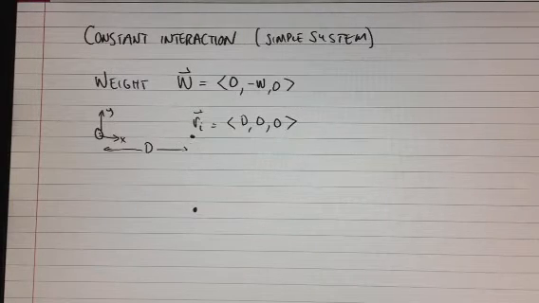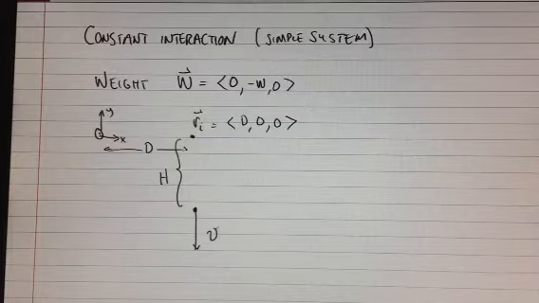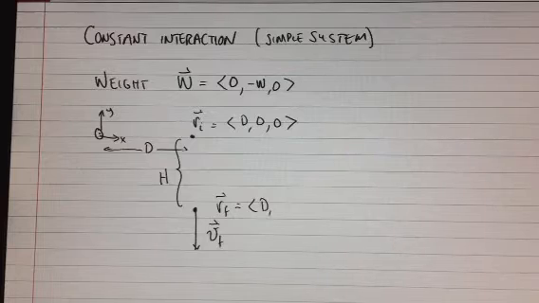So it has fallen some distance that I don't know yet. I'm going to call that h, the distance that it has fallen. It has some velocity that I do not know, v final. If it's dropped from rest, the final position is still d in the x direction, minus h in the y direction, and then 0.